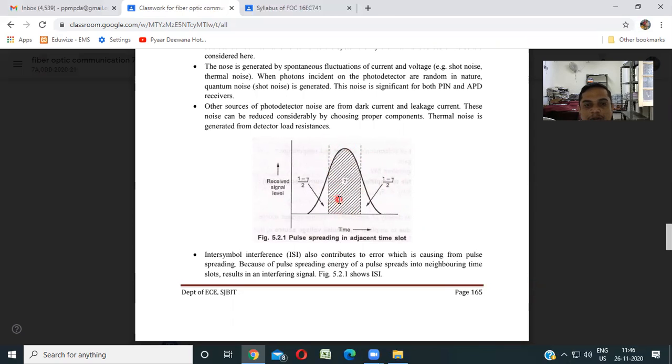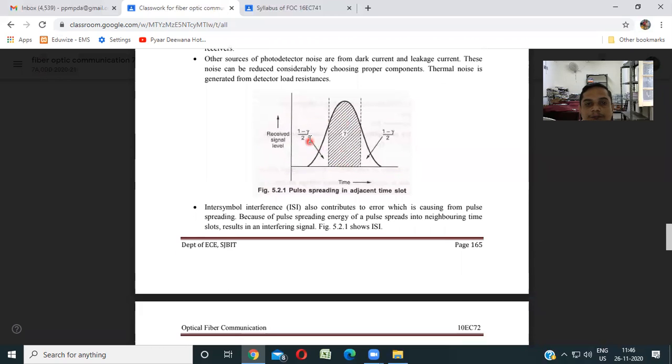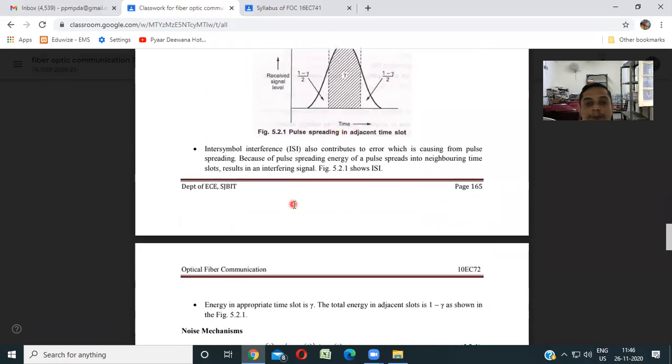But as the pulse travels in an optical fiber, there are chances of spreading of the pulses, and the energy is spread in adjoining slots. Because of that, the energy is lost here. So that is given by the received signal level and the time.